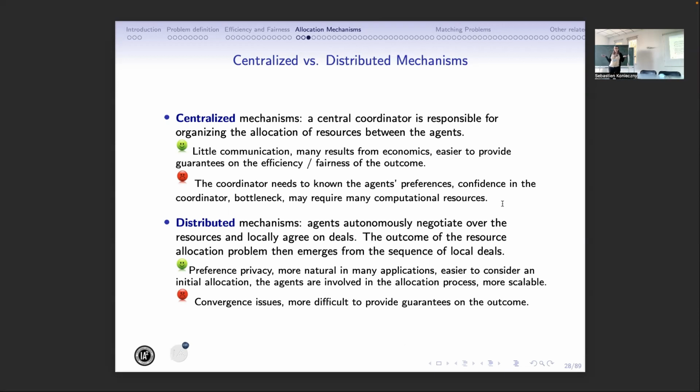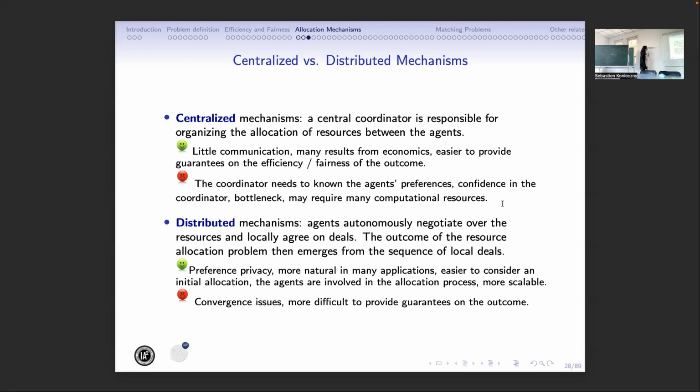In a centralized mechanism, you have a central entity, called here a central coordinator, which is responsible for allocating the resource. So it means that all the agents have to communicate their preferences to the coordinator for the coordinator to be able to apply the mechanism.